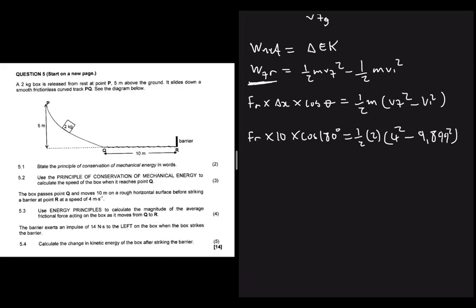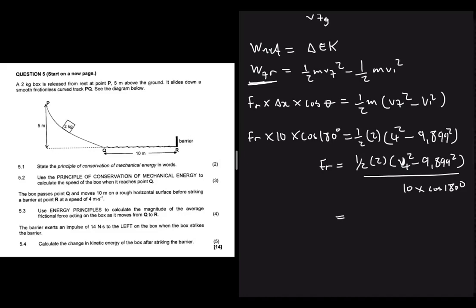We are going to get Fr equals 1 over 2 multiplied by 2, 4 squared minus 9,899 squared. The squared is inside the bracket, divided by 10 multiplied by cos of 180 degrees.